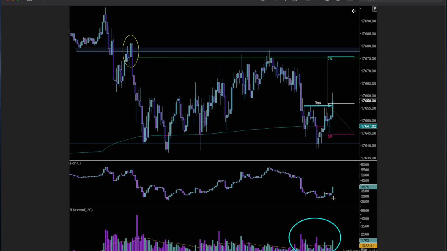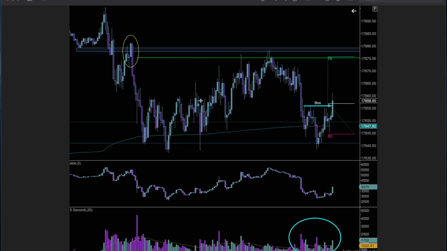I also want to just note the strong delta on the cumulative delta right on my entry candle, giving further confirmation to this trade. So the big thing that led to this trade is not just this price action, this head and shoulders here, right? You'll see head and shoulders and inverse head and shoulders fail all the time.